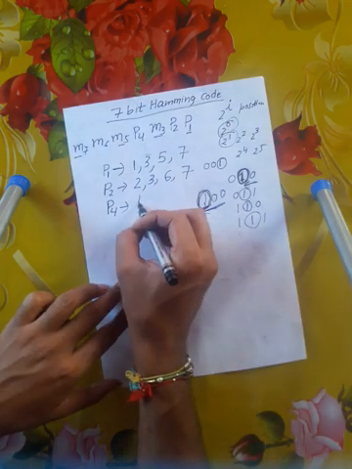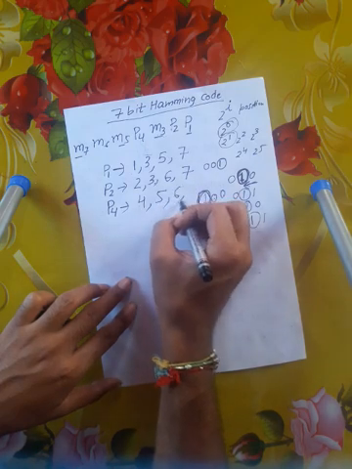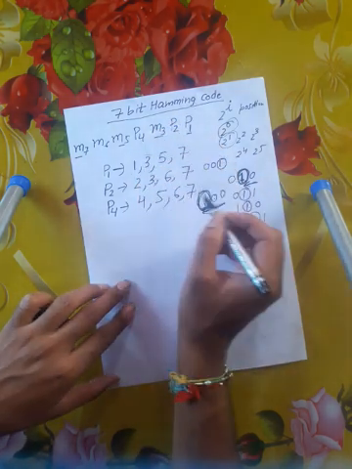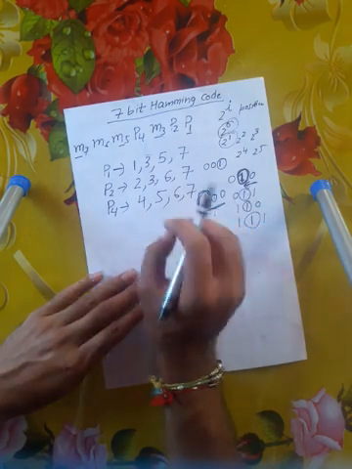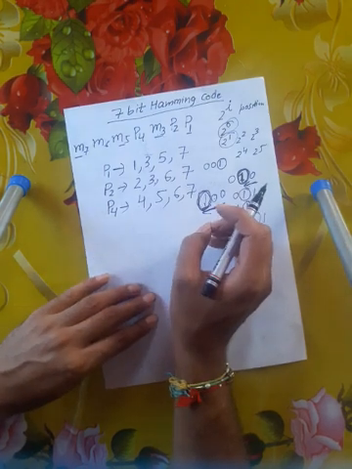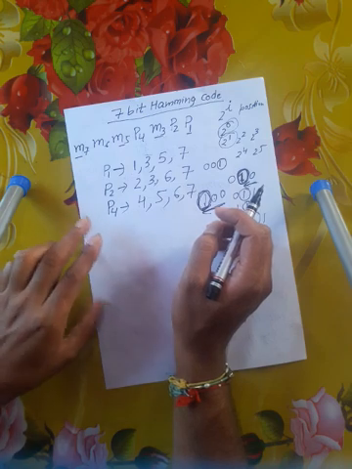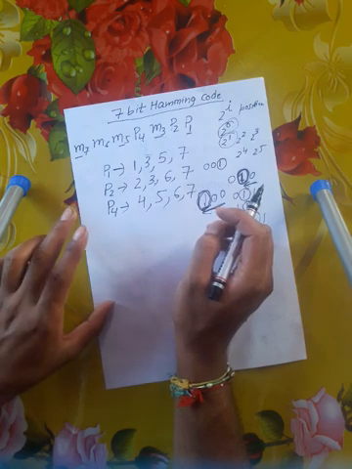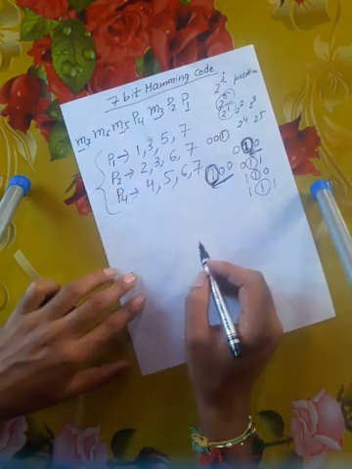In 4, next 5, 6 and 7. In case of 7-bit Hamming code, you can say where there is 1 in the MSB. Similarly, if there is P8, you can check on the left-hand side where there is 1. All these bits are responsible.